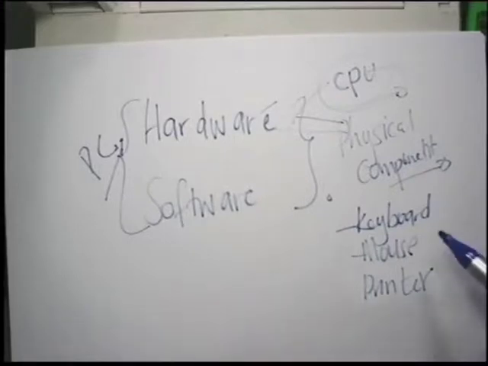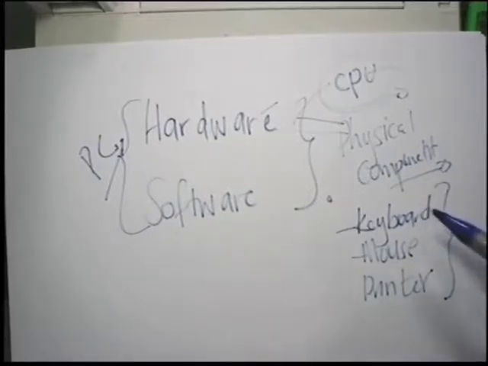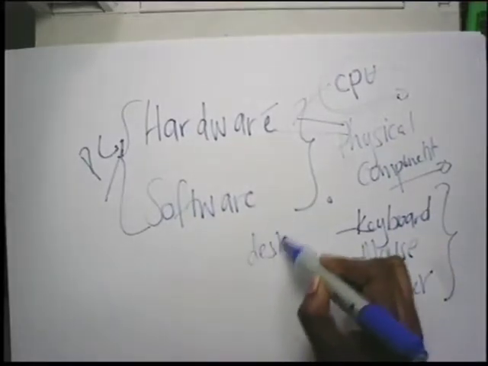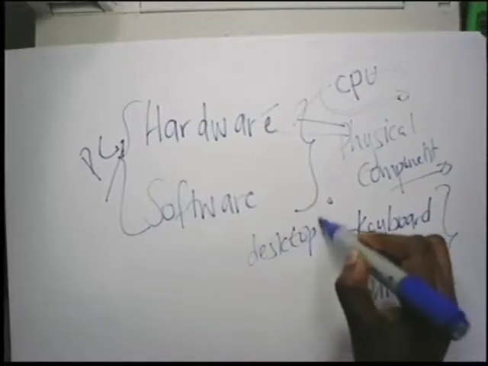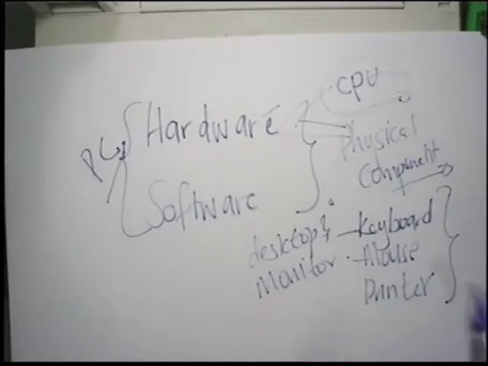These are some of the physical components, because we can touch them: a keyboard you can touch, a mouse you can touch, a printer you can touch, and then we have a desktop, or the monitor. Those are the physical parts of a computer.